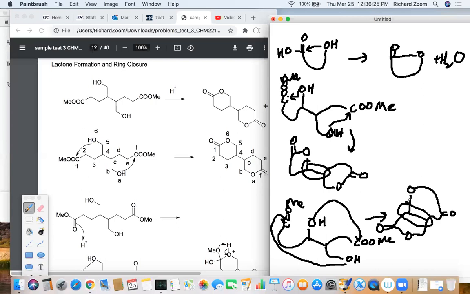Now, instead of two separated rings, I would say you have two fused rings. So it's fused, and this one is, I'd say, separated, if you will. Hopefully you can see the difference between the two.